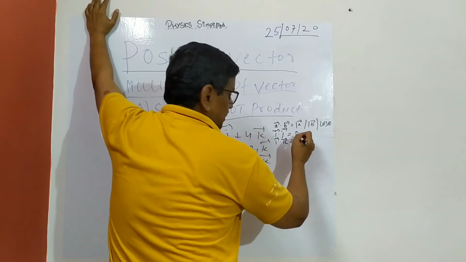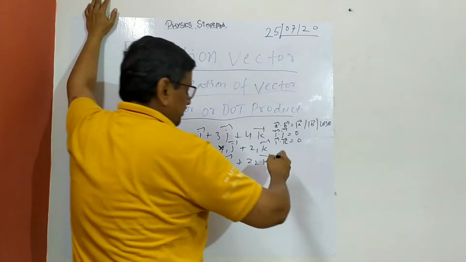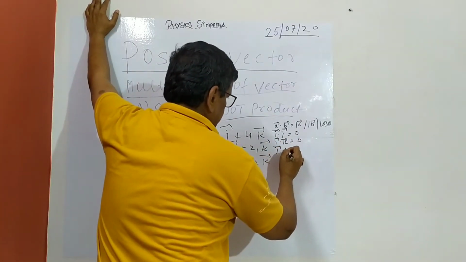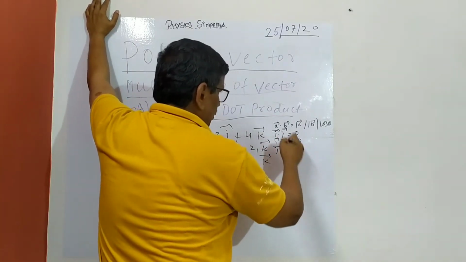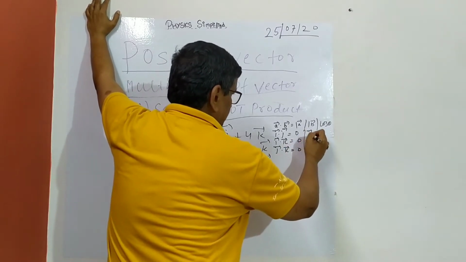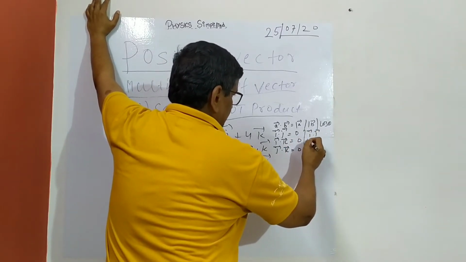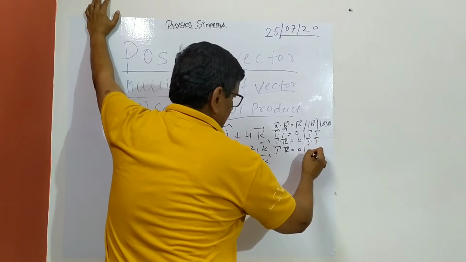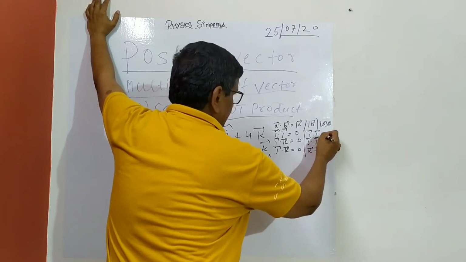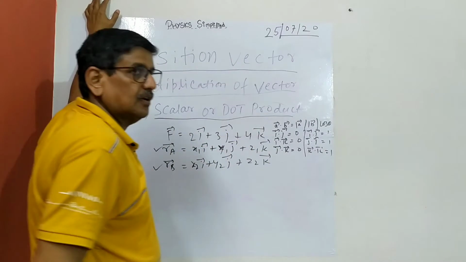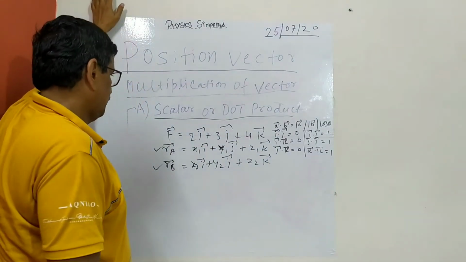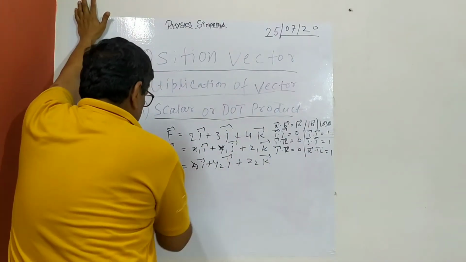Orthogonal I have already shown, you can check the orthogonality of vectors. So all the orthogonal ones are 0 and collinear ones are 1: i dot i, j dot j, k dot k is 1. So now we have already got that.